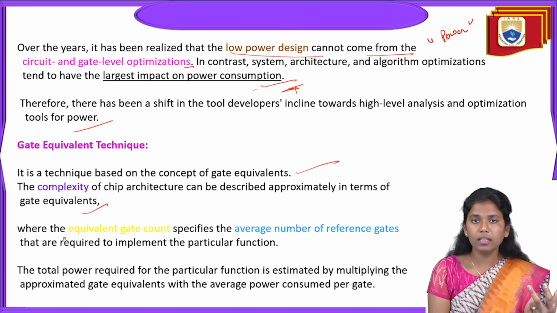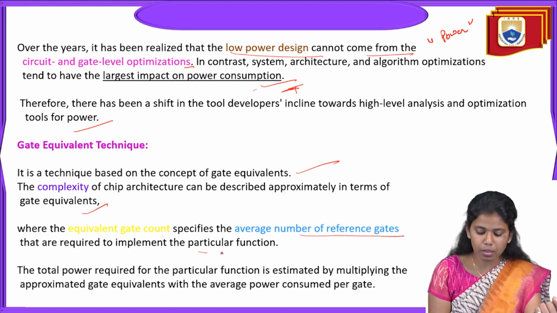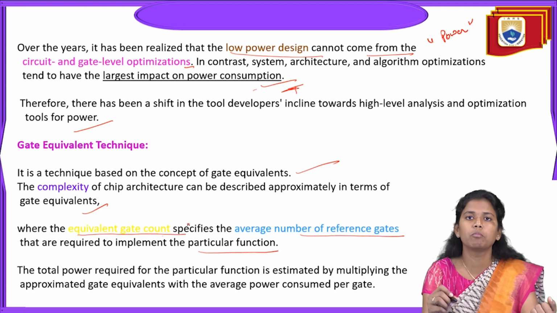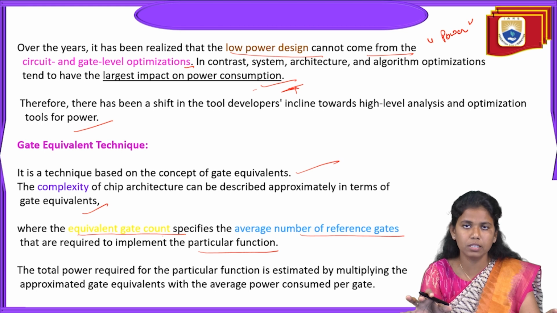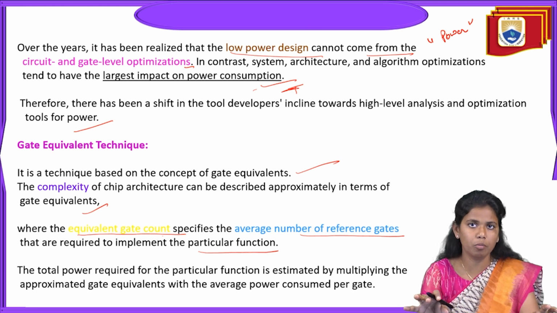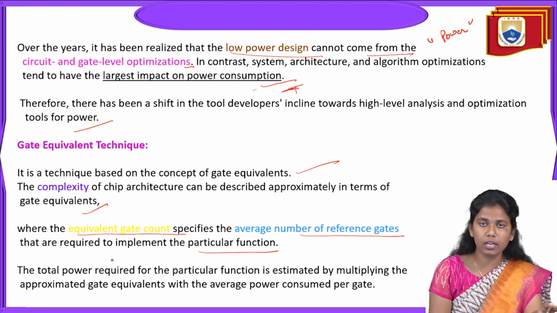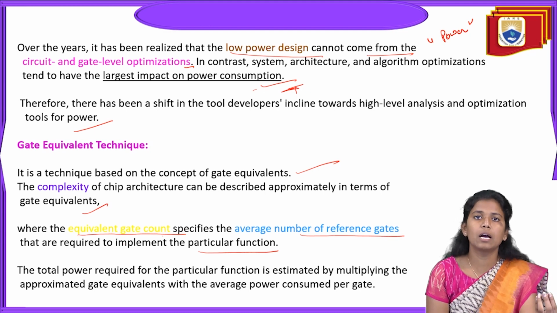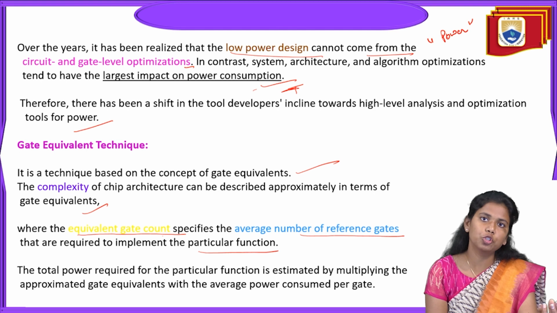Now, the equivalent gate count specifies the average number of reference gates that are required to implement a particular function. In order to get rid of this complexity, we have to make sure that the equivalent gate count is specified. So how many gates? The count of gates should be considered.